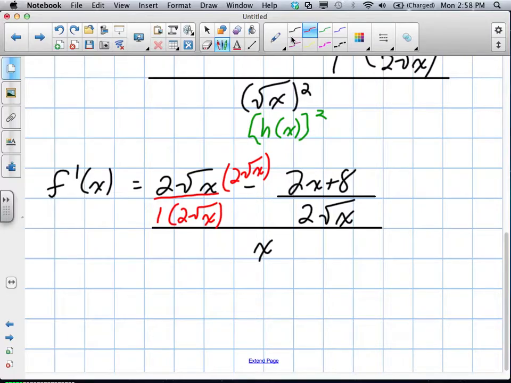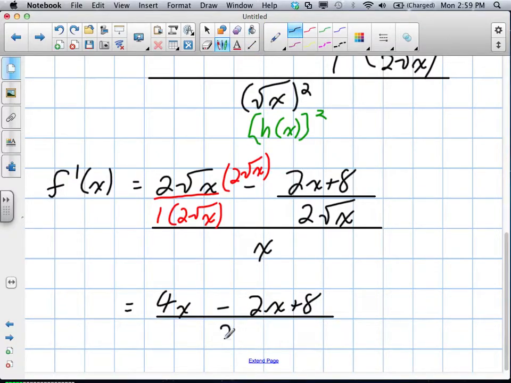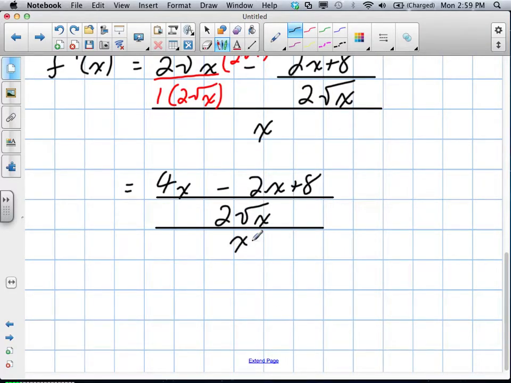What we get from there is 4x, since 2 root x times 2 root x is 4x, subtract 2x plus 8. I'm putting it all over one denominator because they were common. Our common denominator was 2 root x, and that is technically divided by x. So it's like we got a triple stacked fraction here.